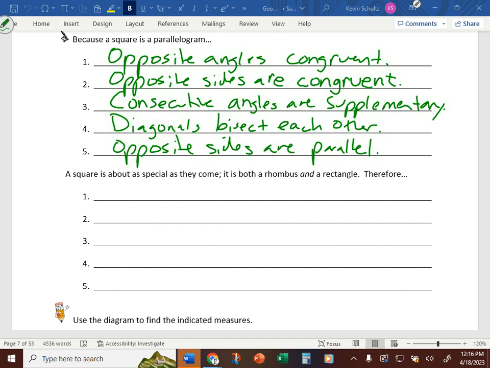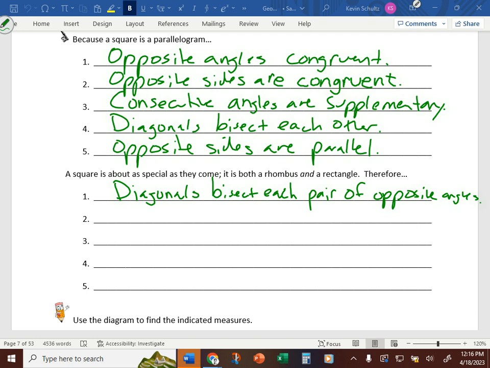Give me one of them. Alex. The diagonals bisect each pair of opposite angles. Okay, which shape does that also attribute it to?